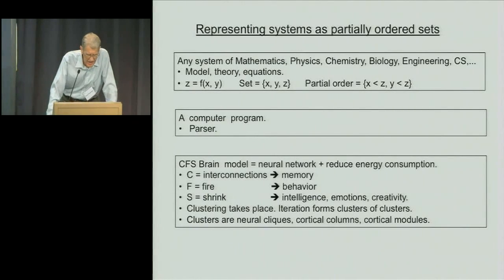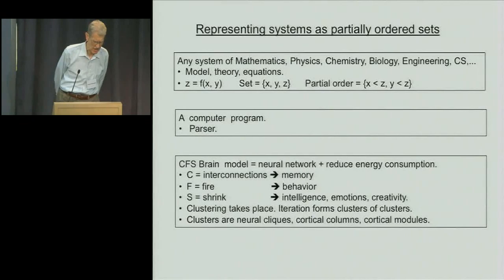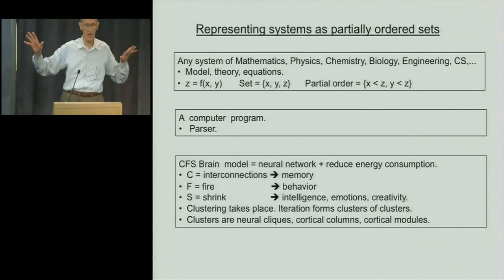And finally, I developed a brain model, which I call the CFS brain model. C stands for connecting, F for fire, S for shrink. C and F you already know. Shrink means that the neurons, once they establish their interconnections, those connections shrink.